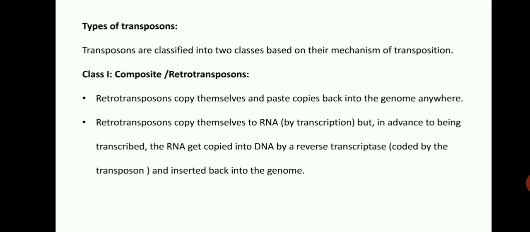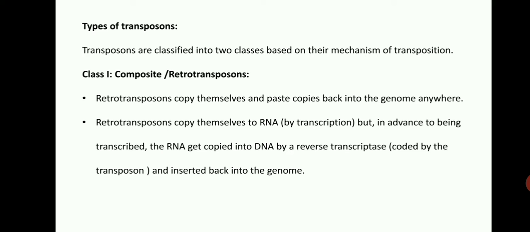Retrotransposons copy themselves and paste copies back into the genome anywhere. Retrotransposons copy themselves to RNA by the process of transcription, but then the RNA gets copied into DNA by the reverse transcriptase enzyme, which is coded by the transposon, and inserted back into the genome.